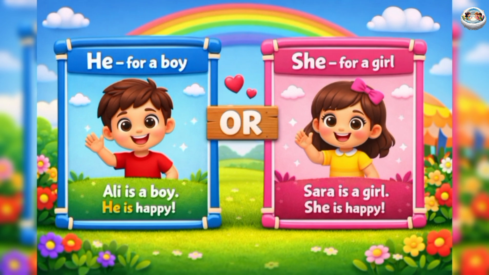We use the word he instead of the name Ali. So, he is a pronoun. Another example is Sarah is a girl, she is happy. We use the word she instead of the name Sarah. So, she is a pronoun.